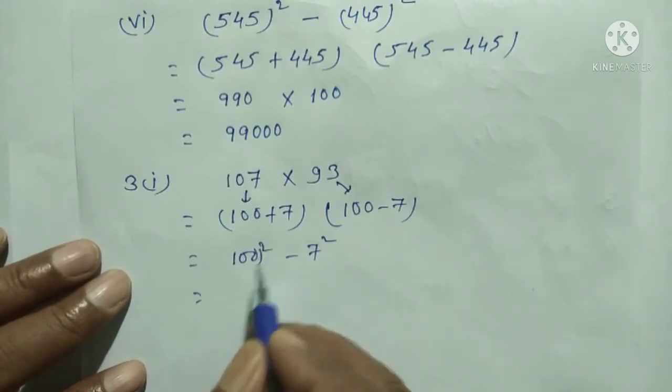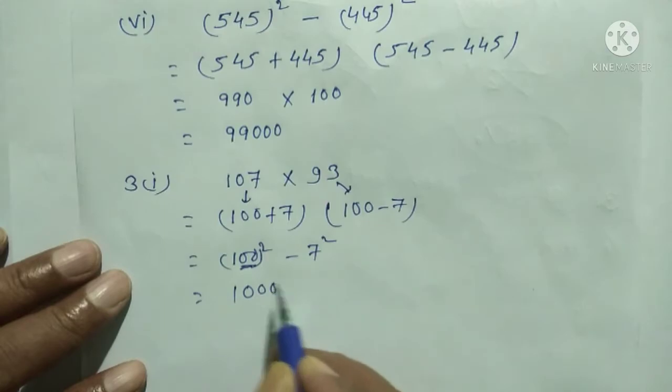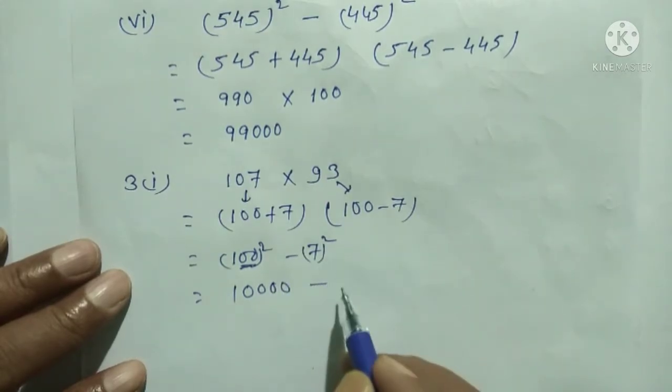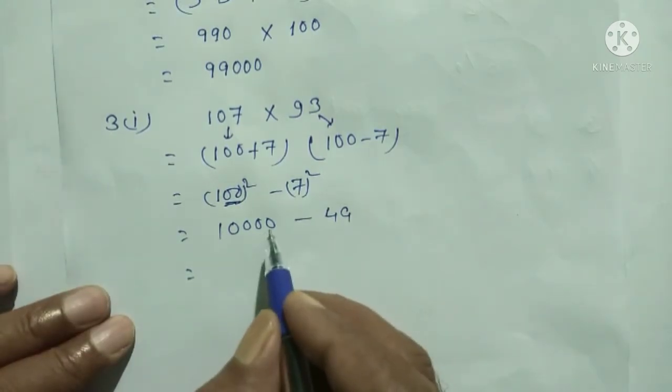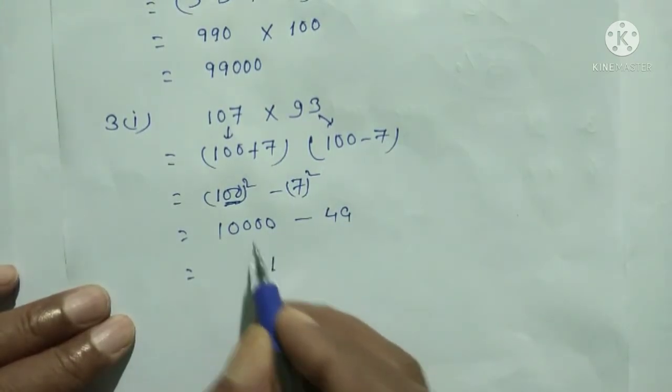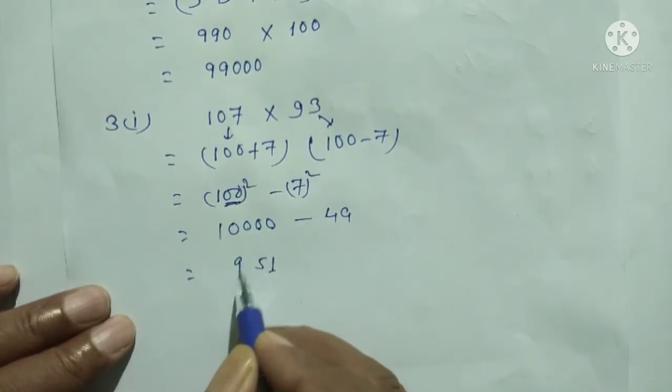Now 100 square is 10,000, and square of 7, 7 sevens are 49. Now subtract. 10 minus 9 is 1, 9 minus 4 is 5, and 9 is also 9. So 9951.